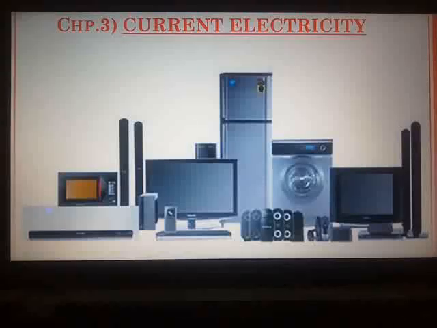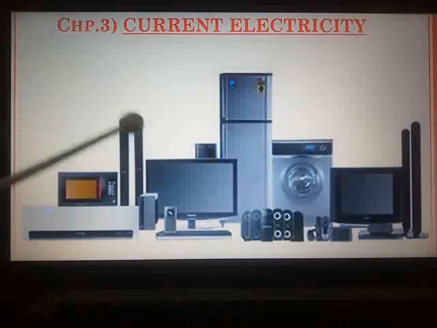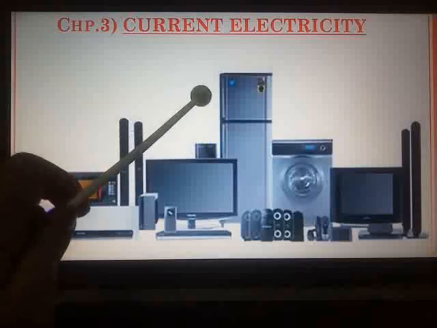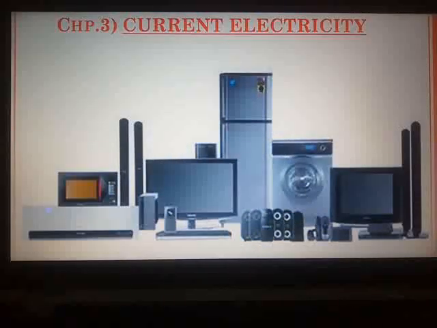Even though there are inverters in your house, all the devices are not connected to it. So all these pictures which you can see here, computer, refrigerators, television sets, all these electrical devices require electricity for their functioning.